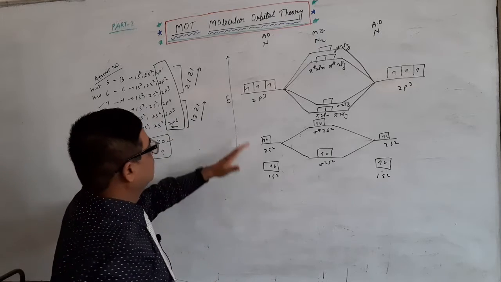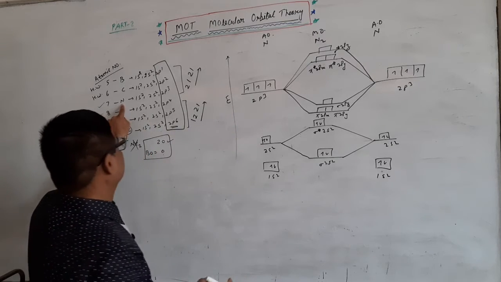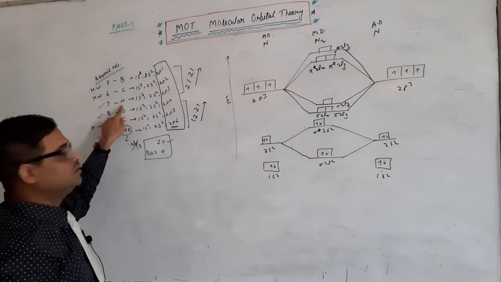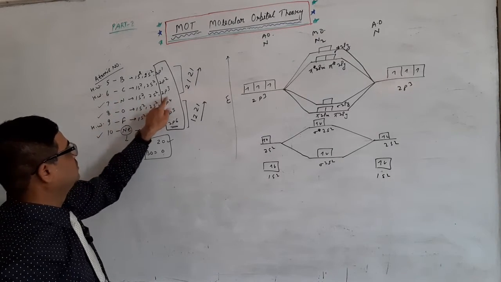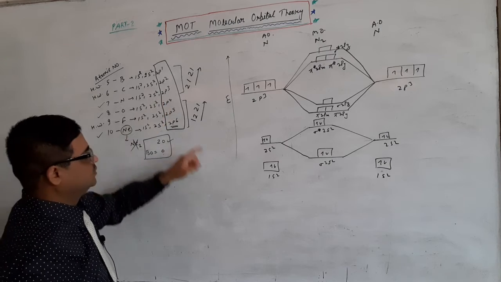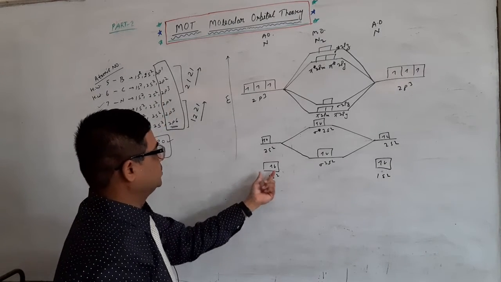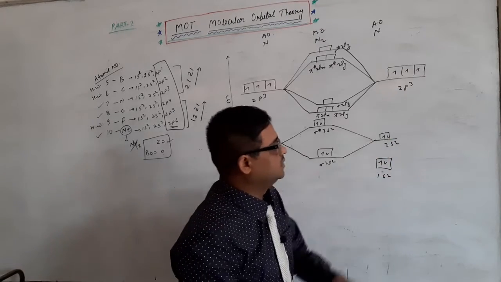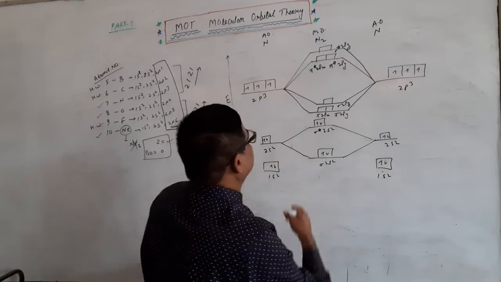Now you can see I have written the electronic configuration of each nitrogen atom. You can see these are the nitrogen atoms: 1s2, 2s2, 2p3 and 1s2, 2s2, 2p3. So each is given.